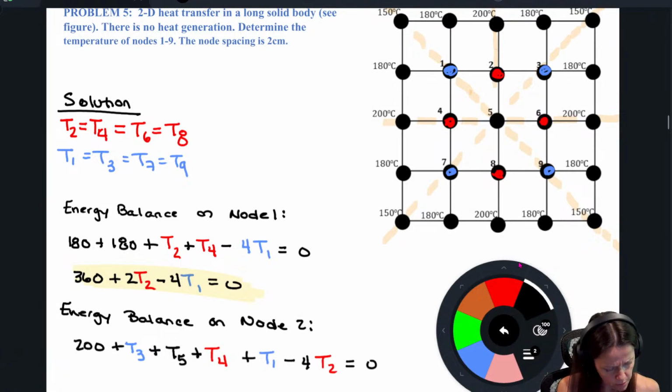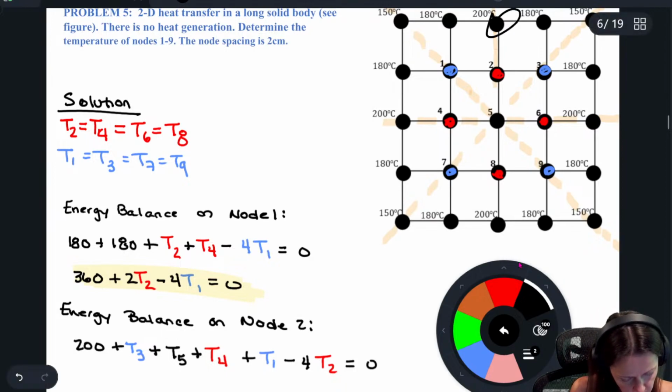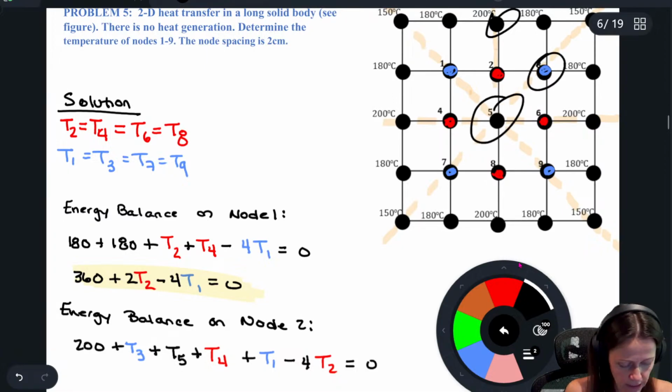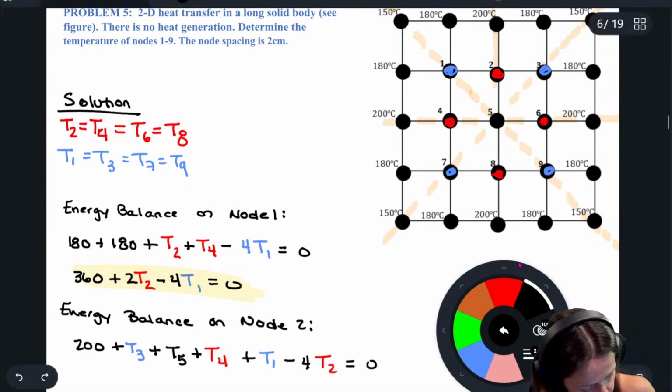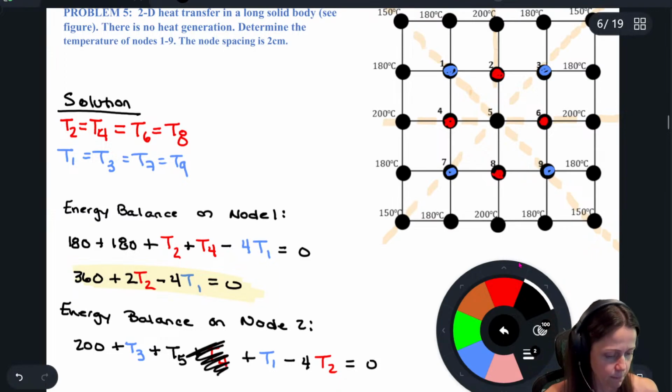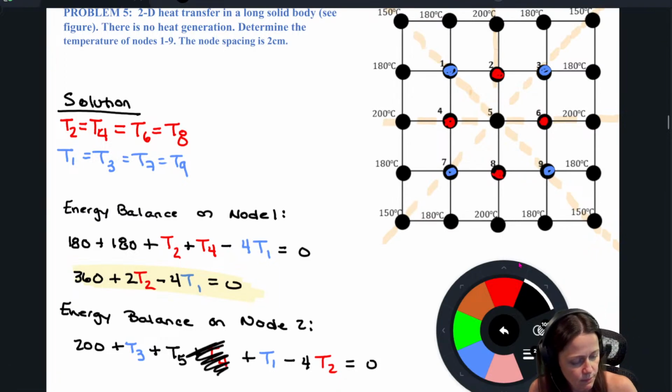Do I have too many terms? 1, 2, 3. I feel like I have too many terms. I got a 200. I got a T3. I got a T5. I don't need a T4. I'm going to cross that out. T4 is diagonal. Cross that guy out. Yeah. Too many.